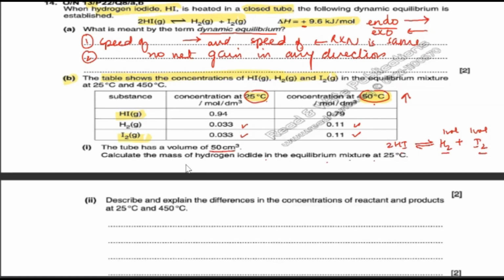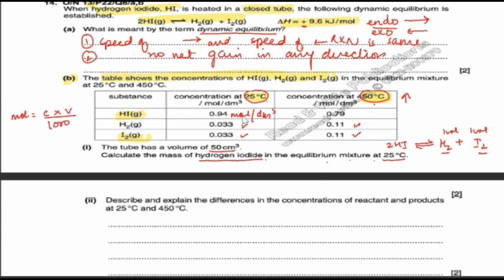In this question, we will calculate the moles of hydrogen iodide at 25 degrees Celsius. So what is the concentration? 0.94 moles per dm cube. In order to calculate the moles, whenever the concentration is given, we have this formula: concentration into volume over 1000.